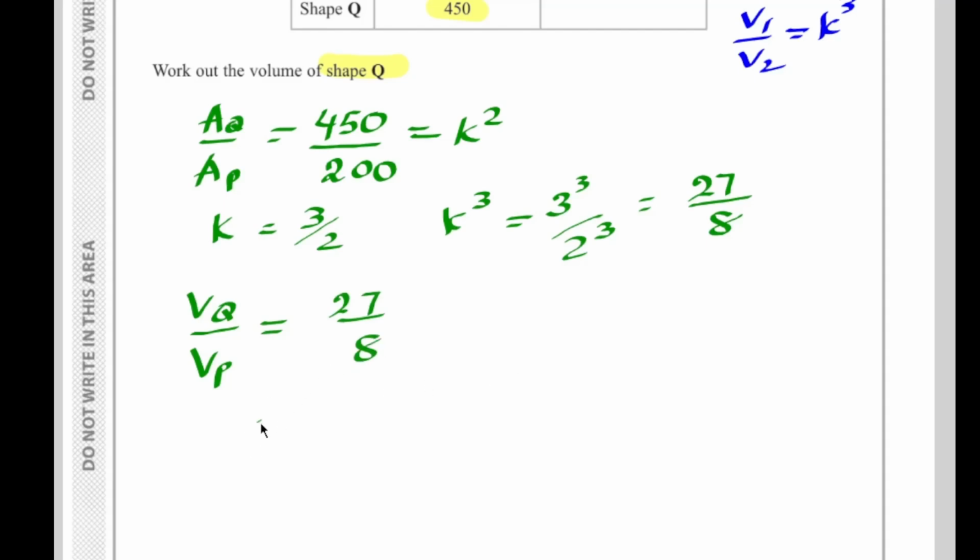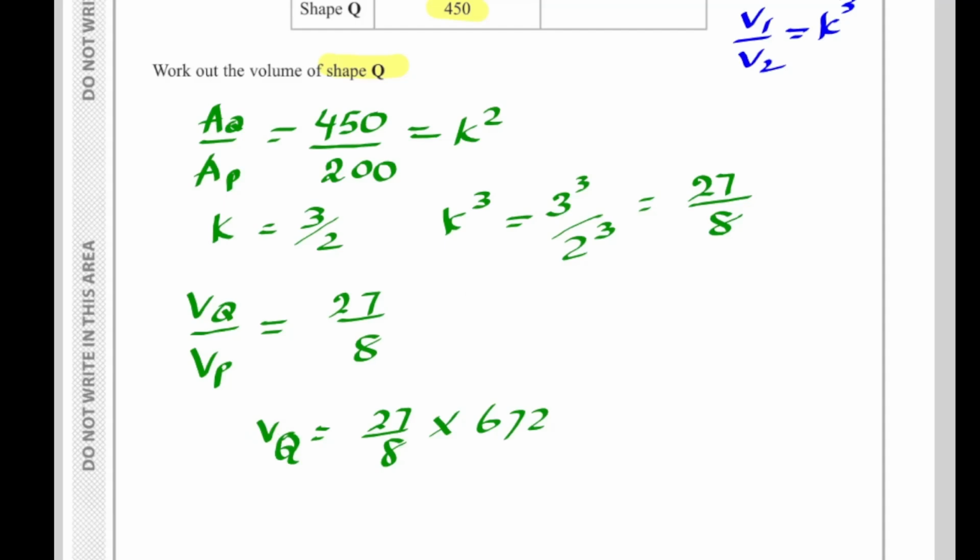Then VQ equals 27 over 8 times the volume of P, which is 672. Straight away you can multiply by the scale factor, okay? No need to write this one. I just wrote it to make it clear using these three equations.